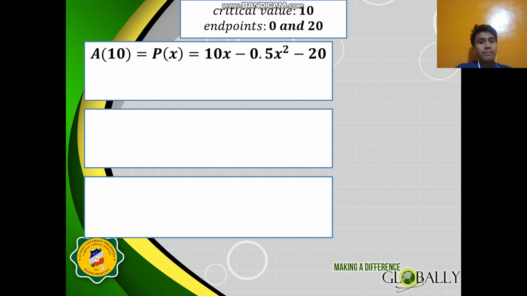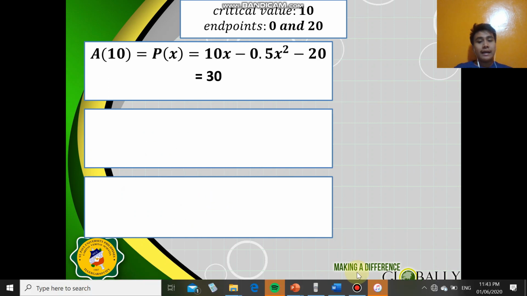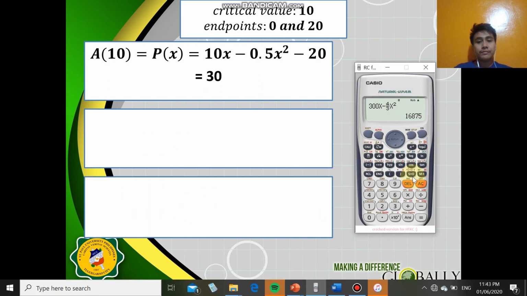Our next step is to substitute these values into our original equation. If the value of x is 10, using the critical value, this will give us 30. Let's use the calculator to check whether it will give us 30.